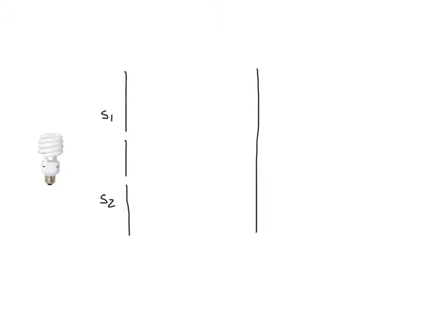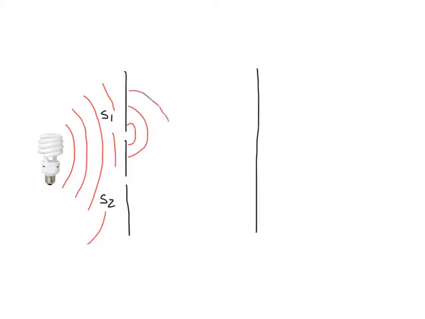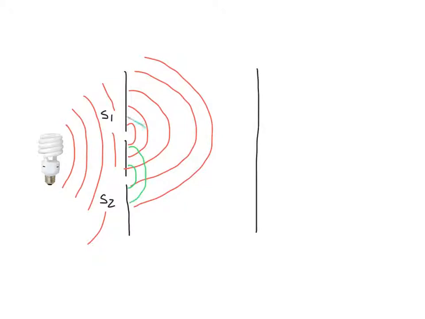Let's talk about what happens when both S1, slit 1, and S2, slit 2 are open at the same time. Let's draw the wave front of the wave particles, the photons, propagating through space. You can imagine this wave front propagating through S1 and resulting in the same wave propagation pattern out. At the same time, there's a wave propagation pattern out of S2.